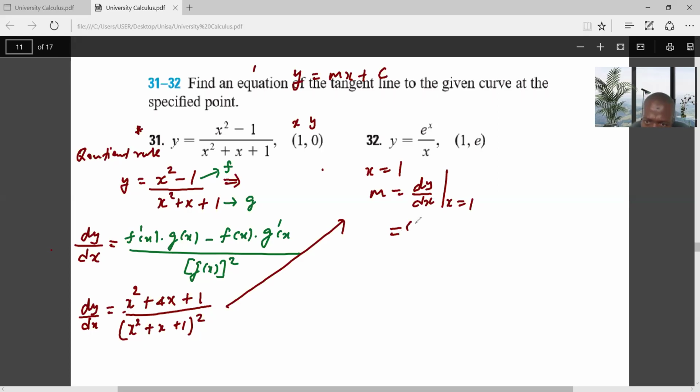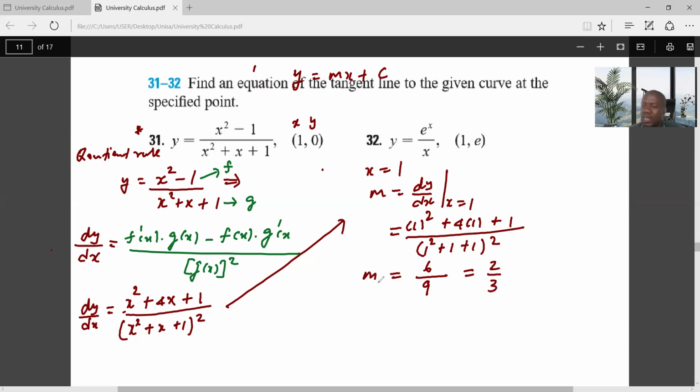So this will be 1 squared, 4 into 1, over 1 squared plus 1 plus 1, all squared. So this will give us 6 over 3, which is 9. So the final answer will be 2 over 3. So the gradient is 2 over 3.